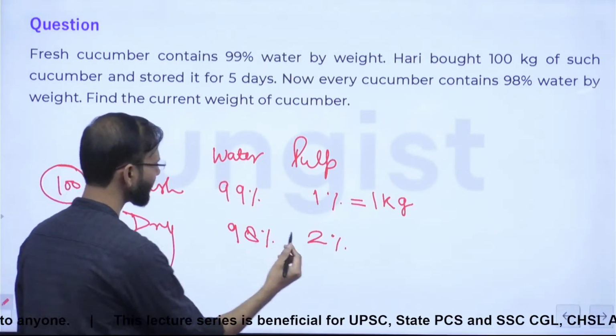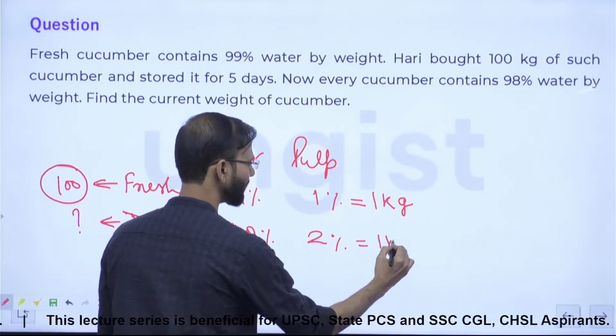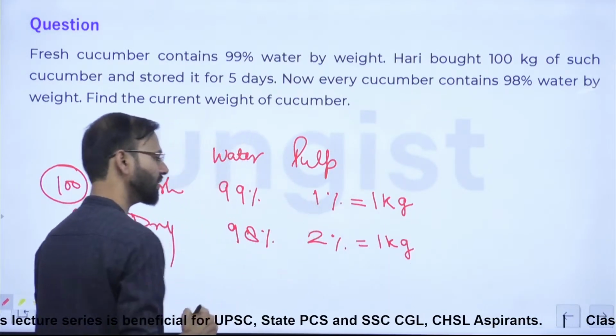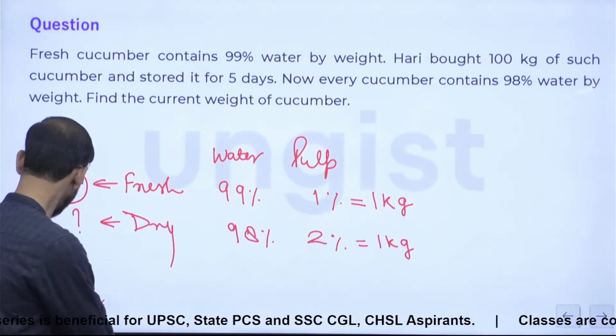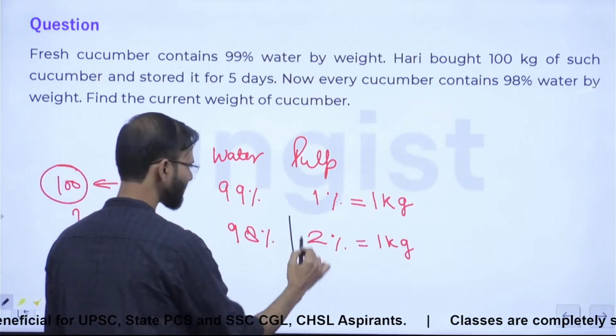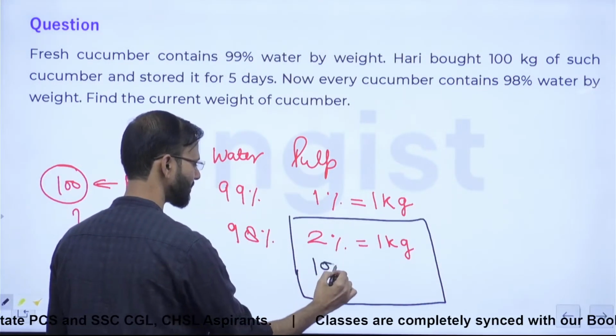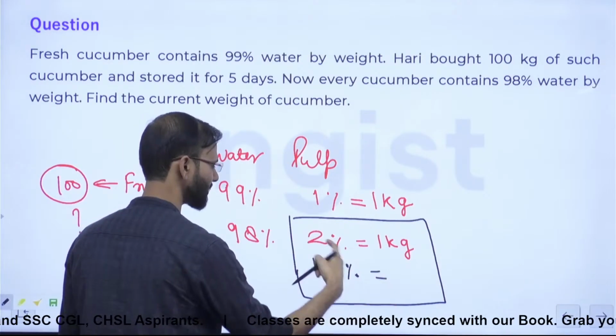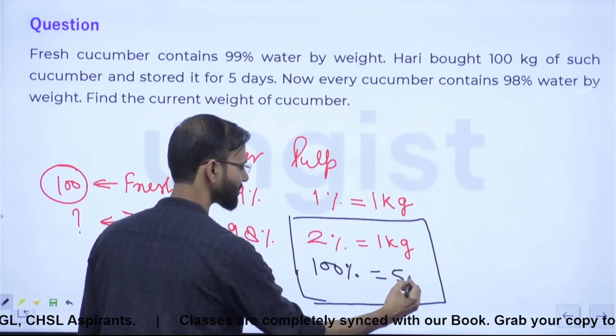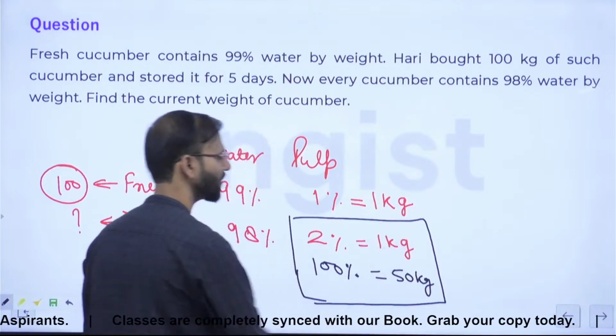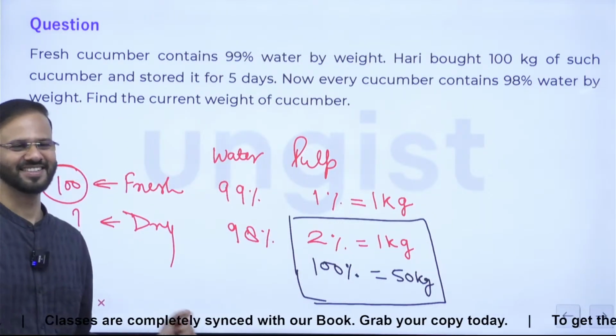So in the dry stage also, the weight of the pulp will be 1 kg. So 2% of the dry stage represents 1 kg, so 100% of the dry stage represents 50 kg. The answer is 50 kg, guys.